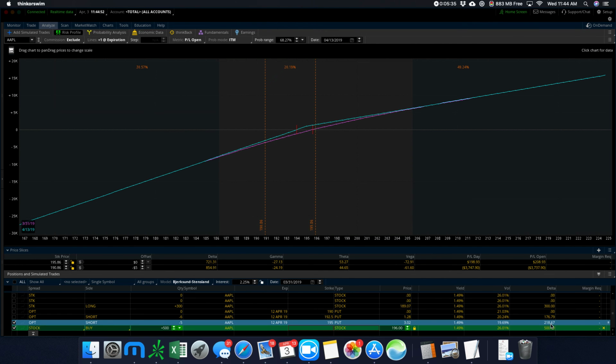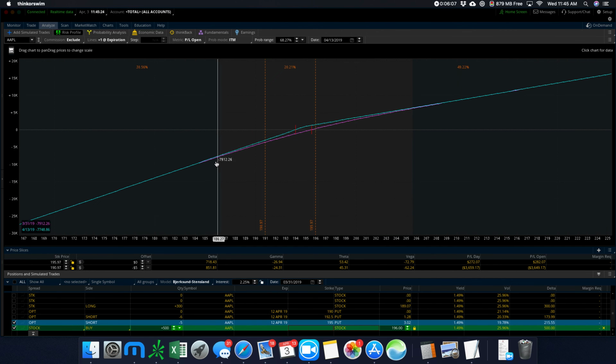It's the delta that determines how much you're going to lose. The delta for stock is 100. The delta for the options is going to be less. The delta is going to change with time and with price, and that's why this pink line and the blue line eventually merge, because if the price were to get up to 205 today, these options would have a delta of 100.